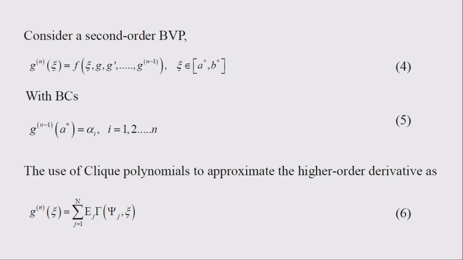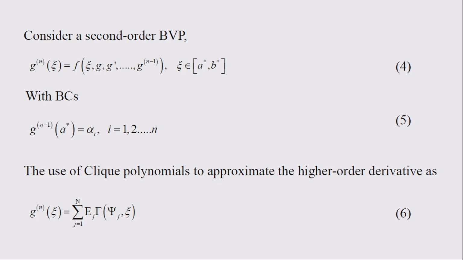And for the clique polynomial, I require higher order derivatives, because only a polynomial should be considered as higher order derivative, g of n of zeta, where n represents the derivative; 1 means first derivative, like that. So 4 is the given general problem, equation 5 is the boundary condition, and equation 6 is the general form in terms of its derivative.